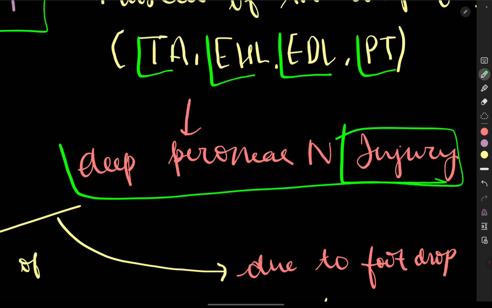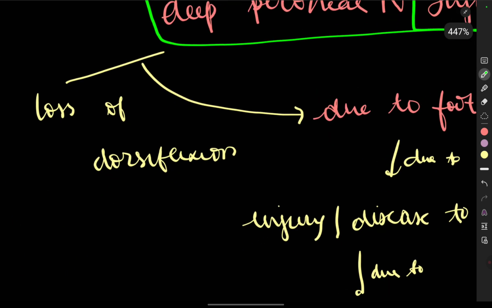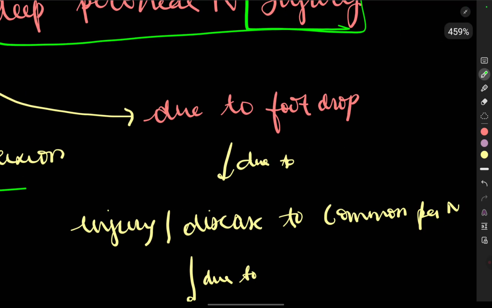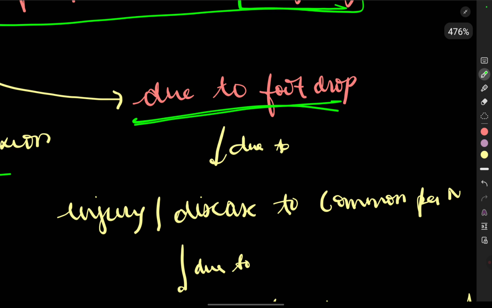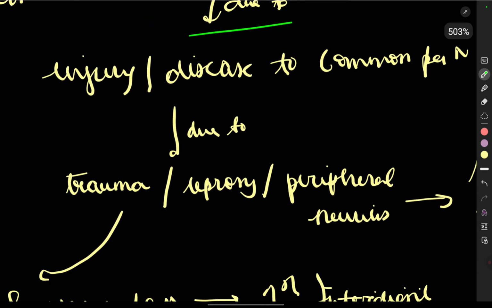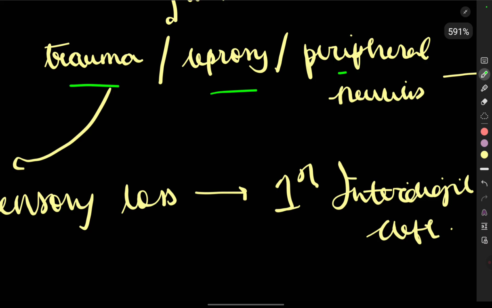So injury to this nerve can cause problems in these muscles, pain and loss of dorsiflexion. The person cannot dorsiflex the foot due to foot drop. This foot drop is due to injury or disease to the common peroneal nerve or directly to the deep peroneal nerve, due to trauma, leprosy, peripheral neuritis.